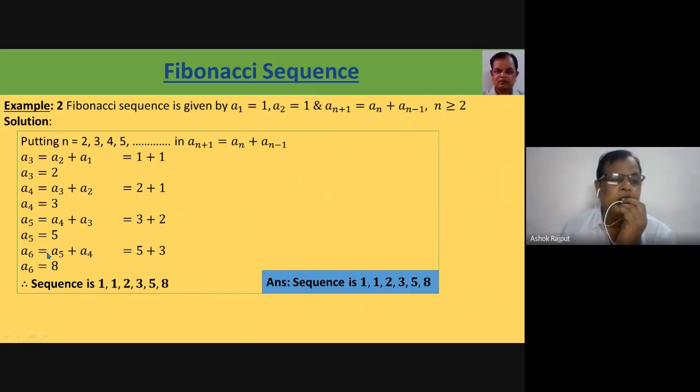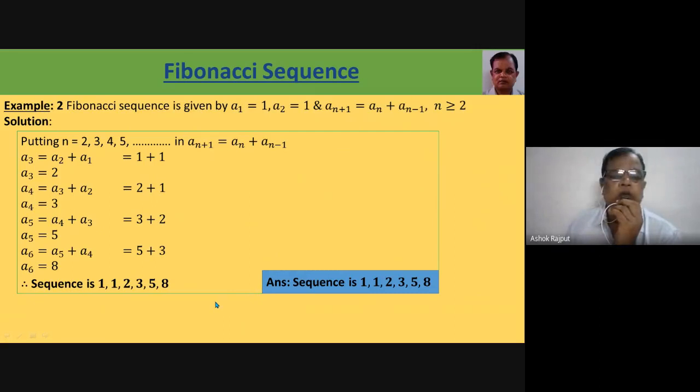As we know, a5 equals 5 and a4 equals 3, so 5 plus 3 equals 8. Therefore a6 equals 8. So we have found the sequence 1, 1, 2, 3, 5, 8.